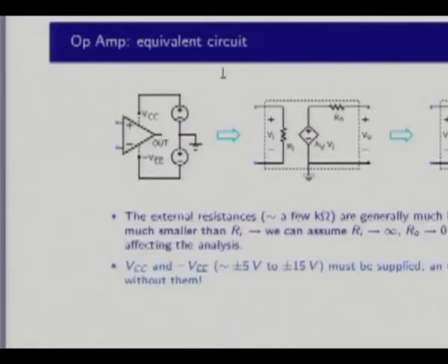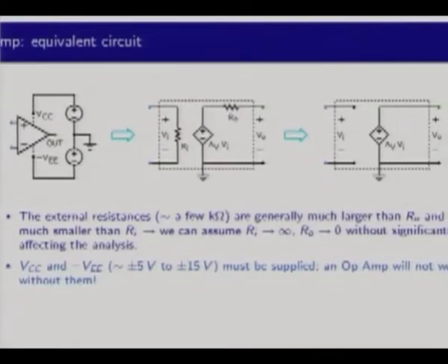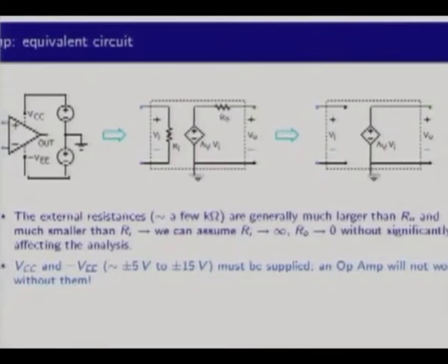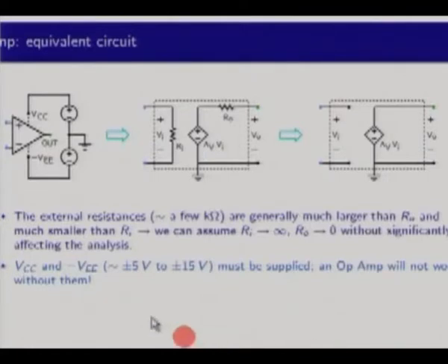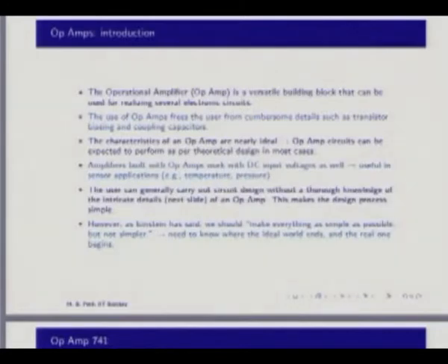Next slide. Okay, next point. Since this is the first time the students are even seeing an op amp, it is very important to point out that VCC and minus VEE, which could be plus minus 5 volts to plus minus 15 volts, must be supplied, otherwise the op amp will not work. And that of course has to do with this previous circuit.